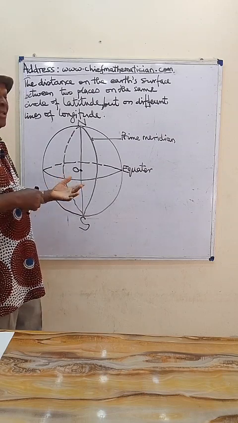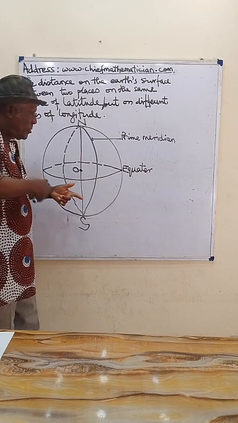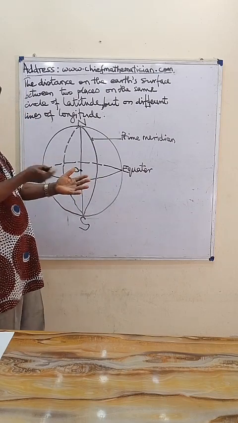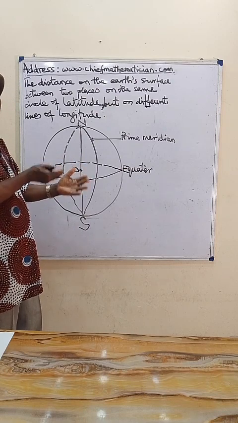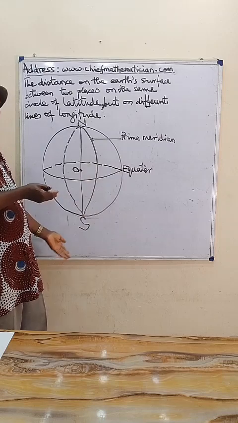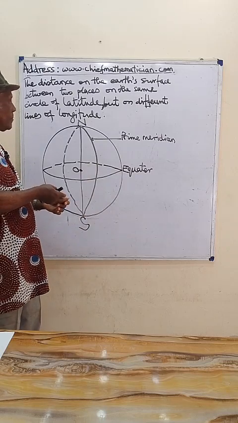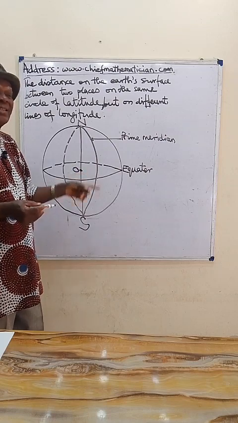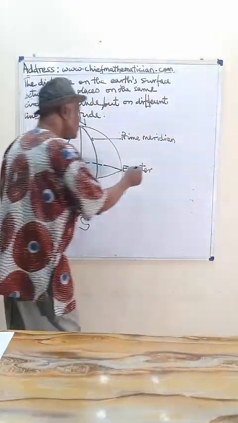Then with that in your mind, you can now imagine the equator dividing the earth into two halves or two hemispheres. One hemisphere to the north, the other one to the south. And I've already told you that the equator is latitude 0 degree.